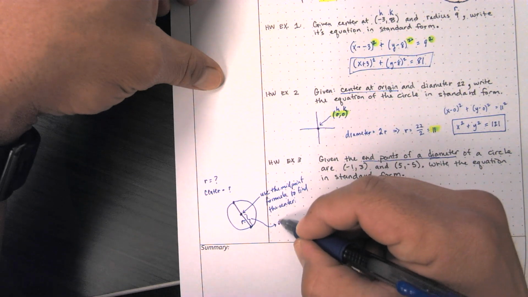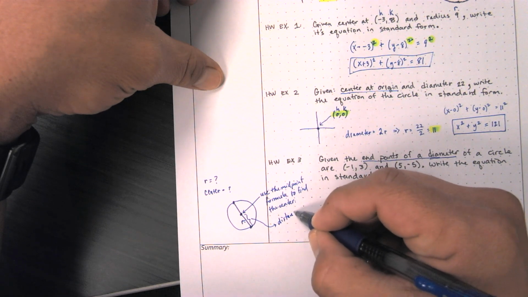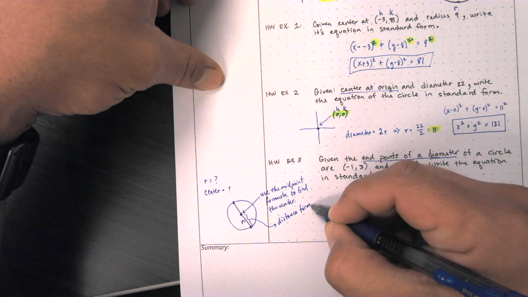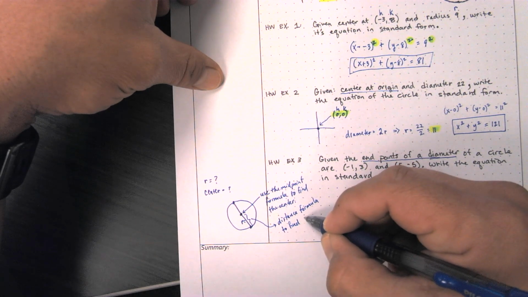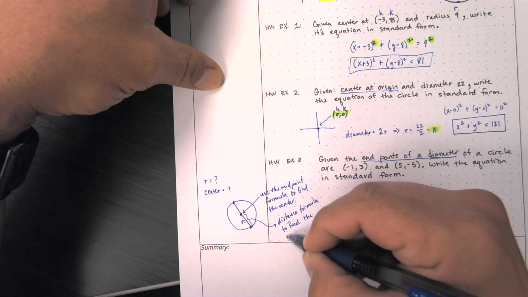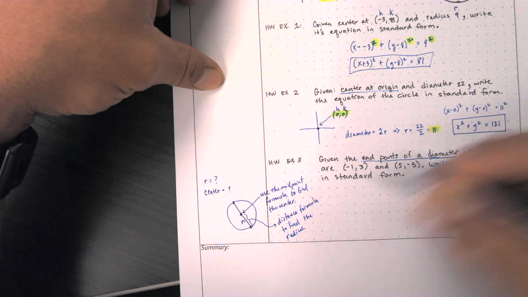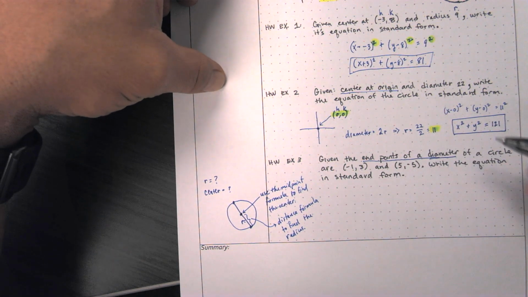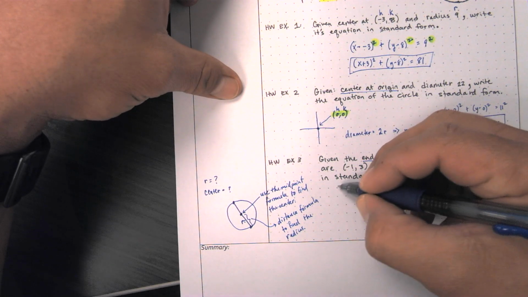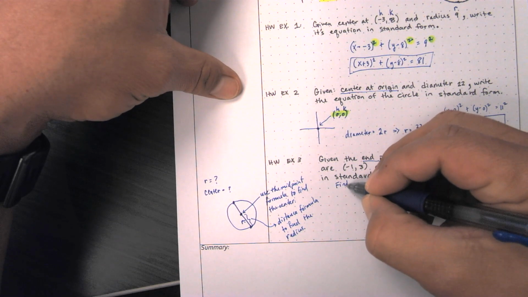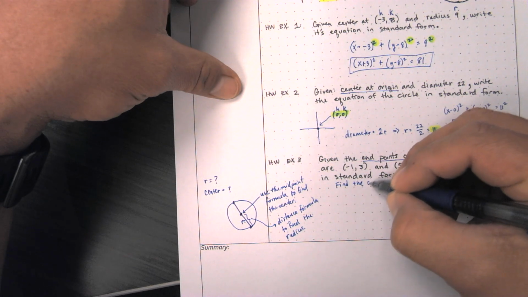So we're going to use the distance formula to find the radius length. All right, so we're going to do two things. First, the midpoint formula to find the center.